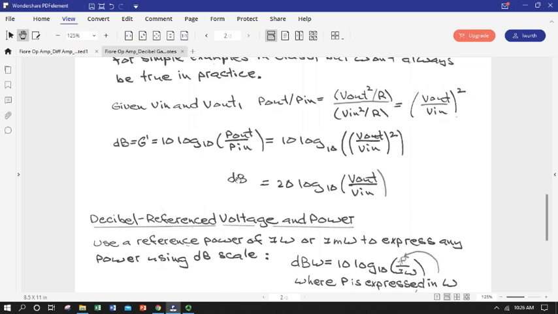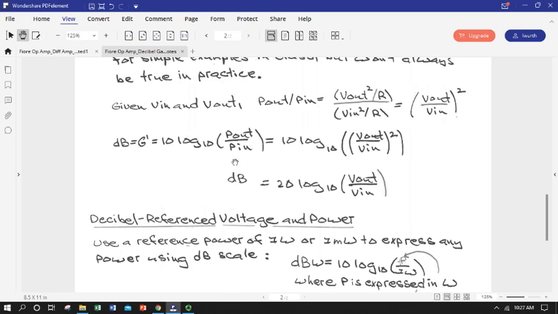So this is decibel power gain, but expressed in terms of our output and input voltages, and we end up with a 20, not a 10, if we're using our voltage ratio. Okay, because it's really a power gain, but we just write it in terms of voltage, and the 20 is what basically makes them equivalent. So we used a nice handy property of logarithm functions.